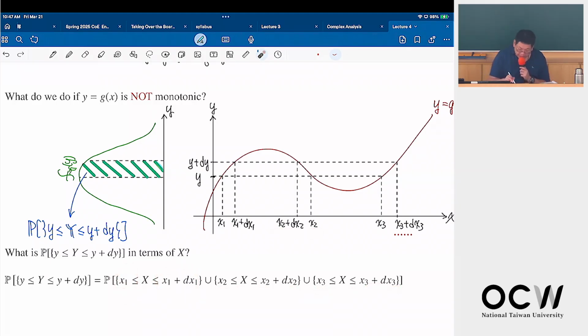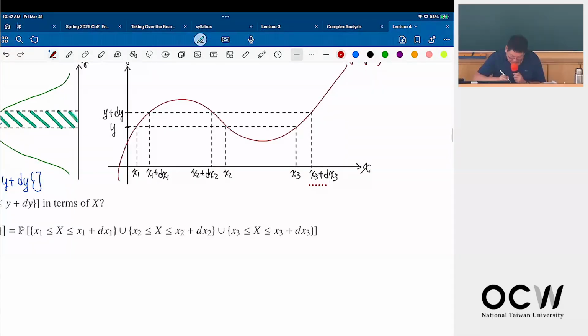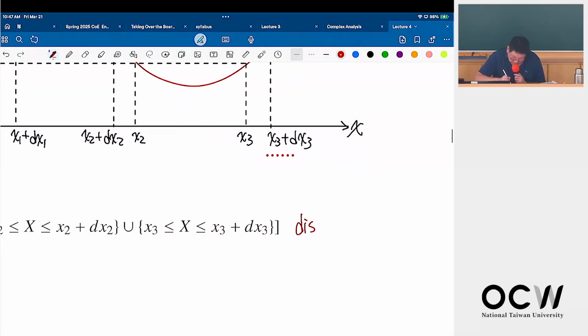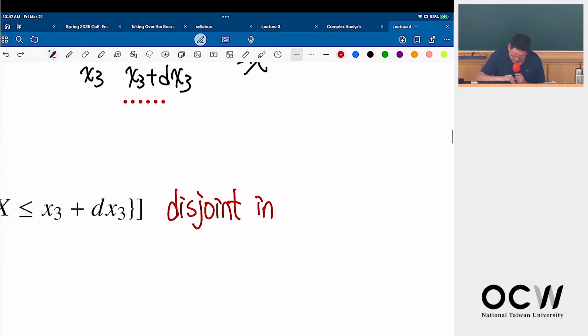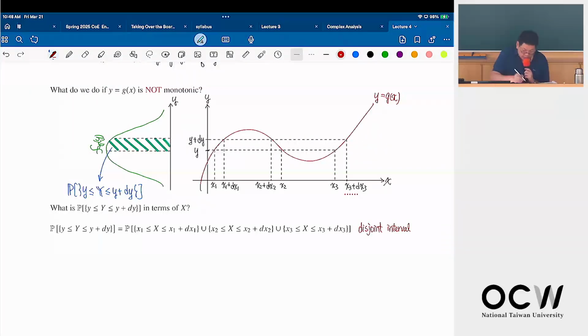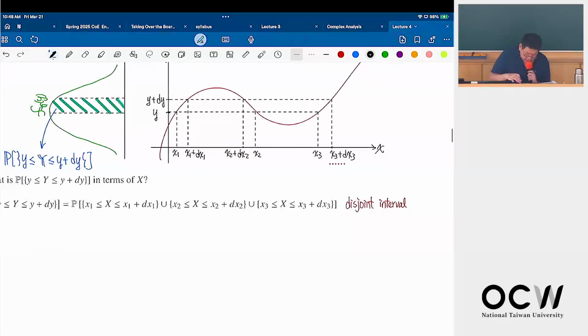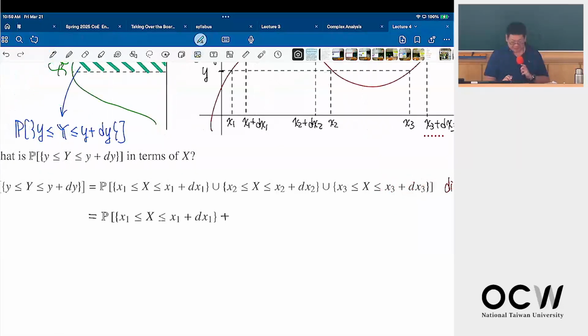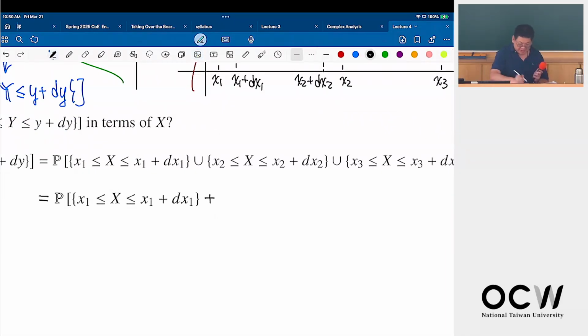Okay, and you can see that those regions are disjoint intervals. So since they are disjoint intervals, then the union becomes a summation.